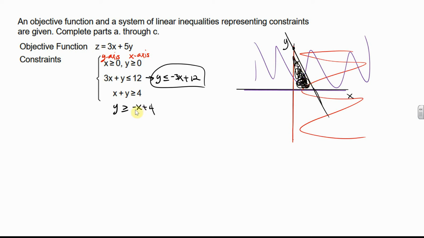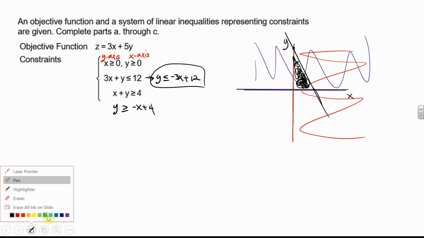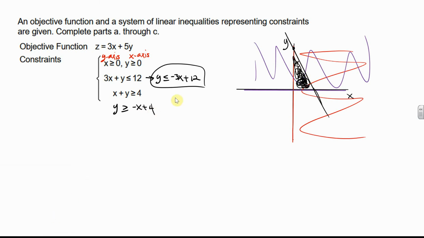Let's look at the last one. The y-intercept is 4. The slope is negative 1 over 1, go down 1, go over to the right 1. And that guy is everything above it. All right.